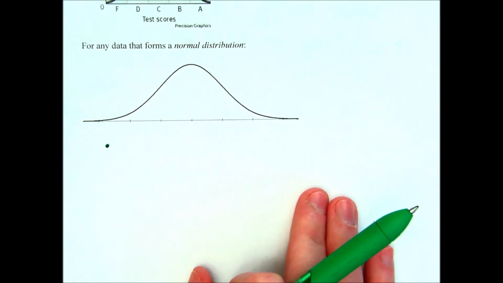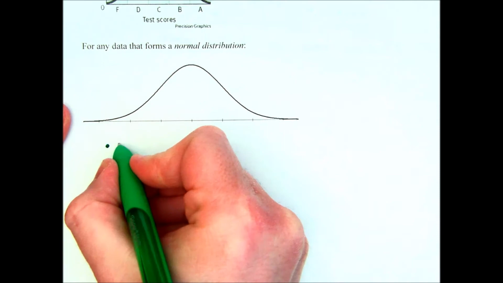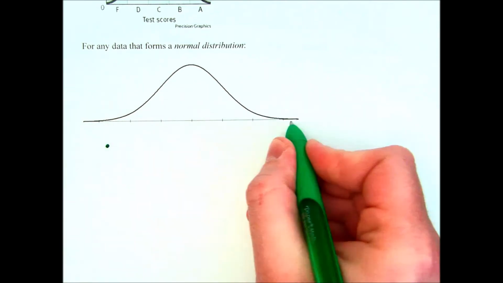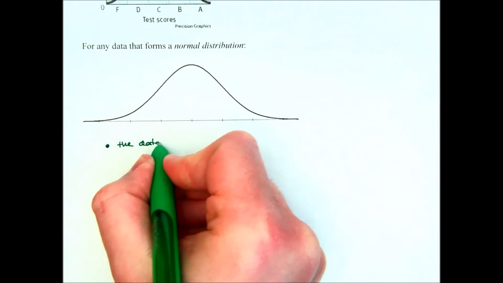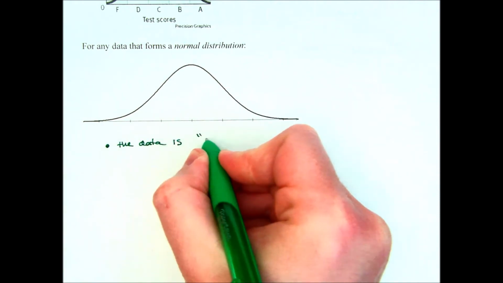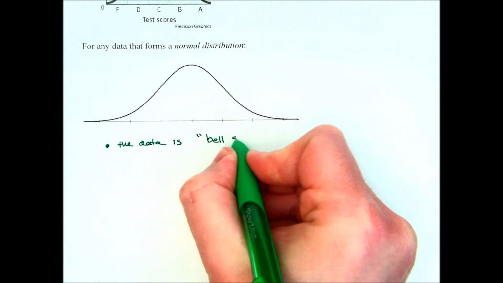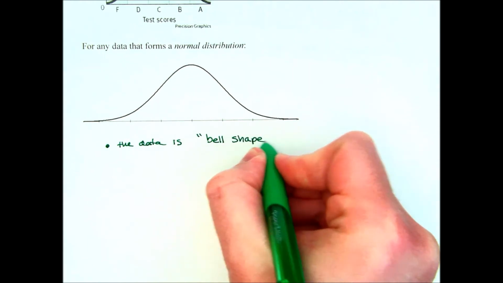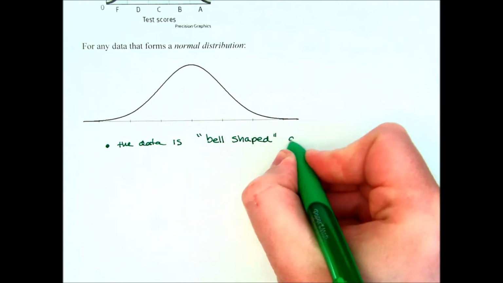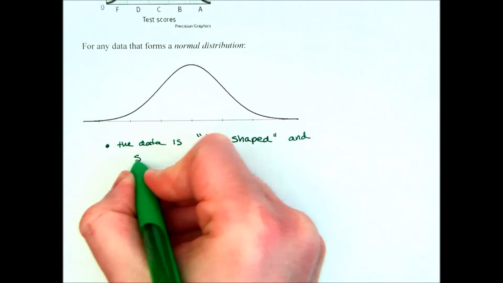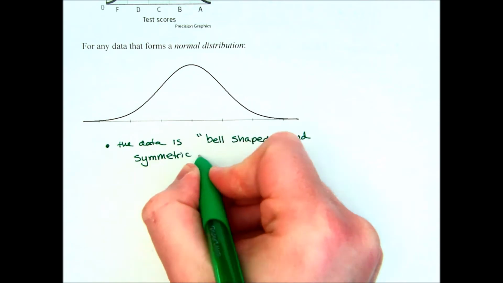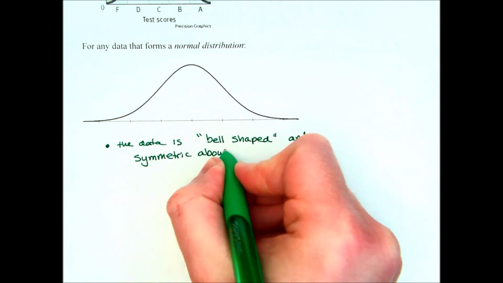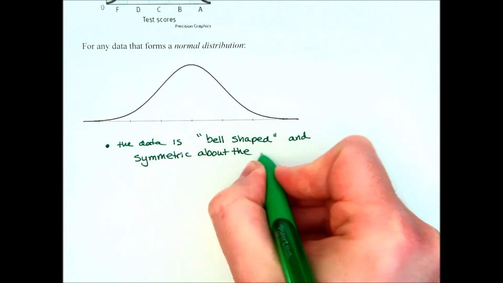For any data that forms a normal distribution, we have a couple ideas behind this. I'm going to write 3 bullet points below this graph. First of all, the data is what we call bell-shaped, like a bell curve that you've probably heard about, and it is symmetric about the mean.